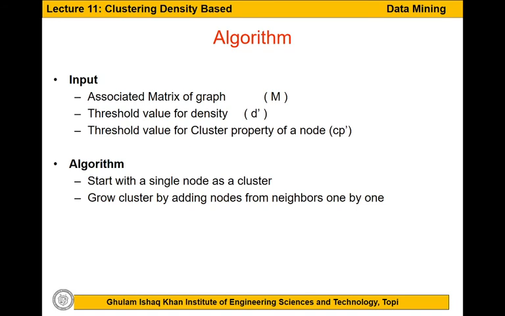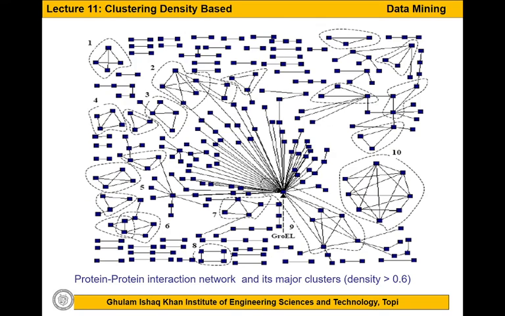So in the density based clustering, we will be providing the algorithm with the adjacency matrix. We will be providing a threshold density d dash, because for example, if you see here, the threshold density was 0.6. So the algorithm extracted all the clusters having density greater than 0.6.